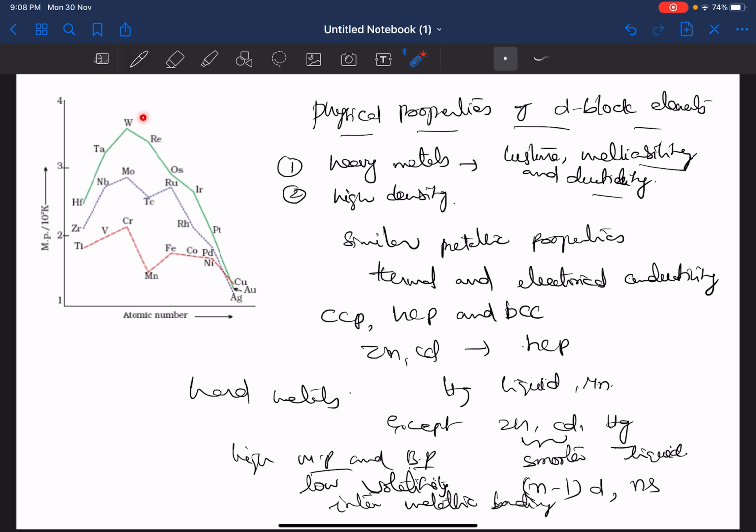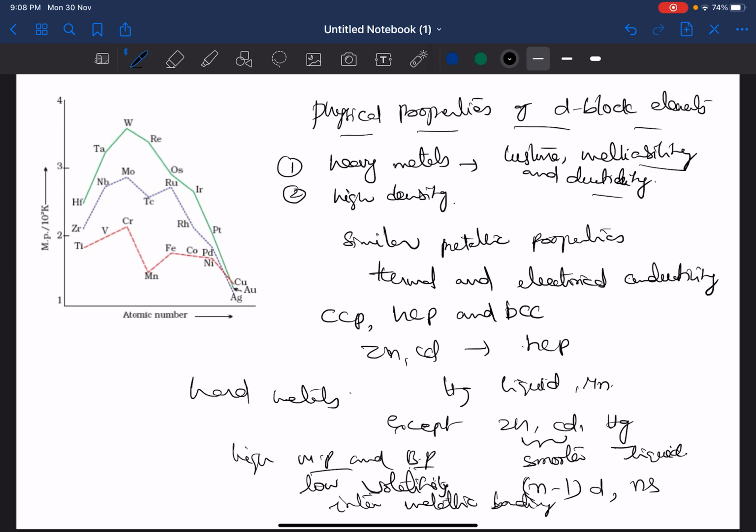It has the highest melting and boiling point due to the involvement of the maximum number of n minus 1 d electrons and ns electrons. So that is the reason for the highest melting point and boiling point of these metals.